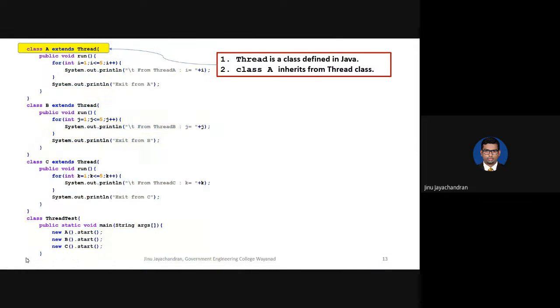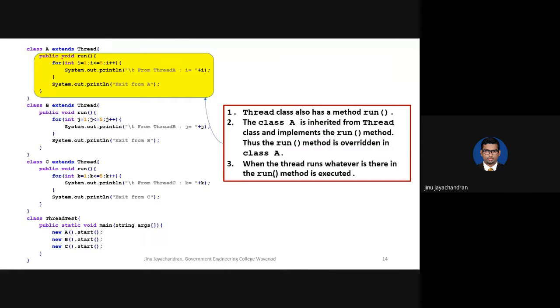Class A extends from Thread. Inside class A, you have defined the function run. Whatever you put inside this function will run as a thread, separately and independently of others.